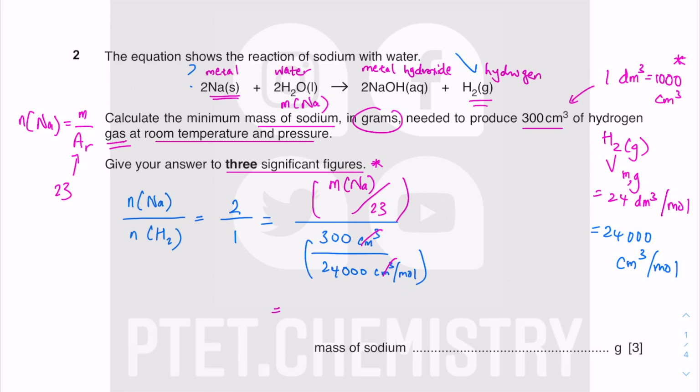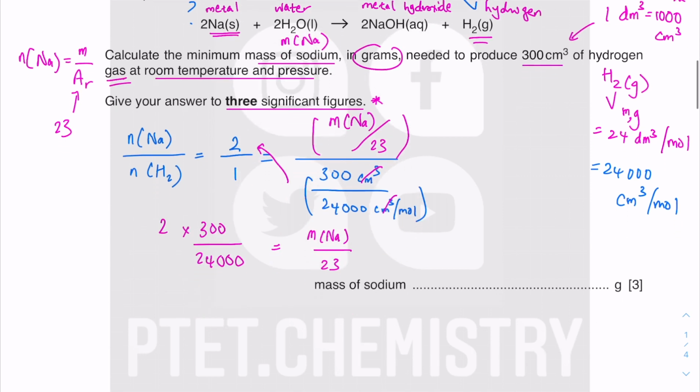So what I can do now is I can move this up. Then I will have mass of sodium over 23. So there's 2 times 300 over 24,000. Of course, I could have done the 23 move up in the same step, but I just want you to see it stepwise. So I can move up the 23.